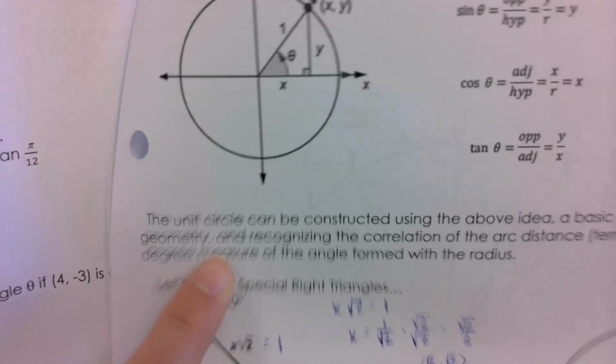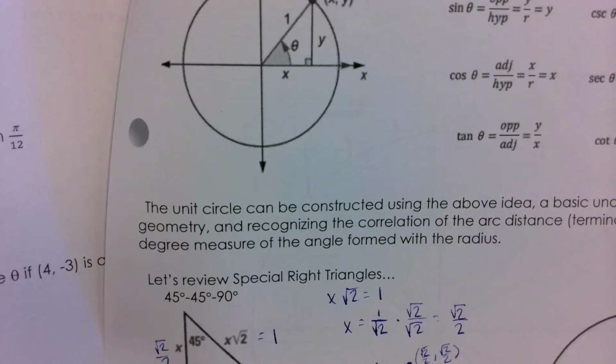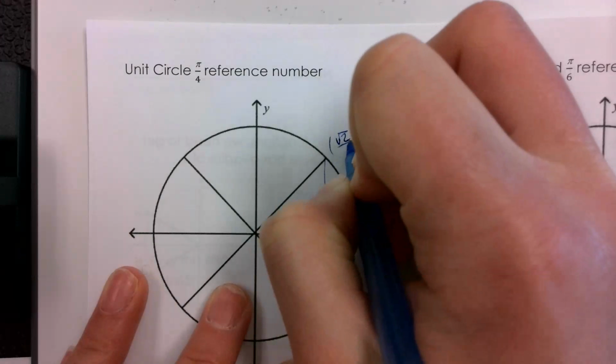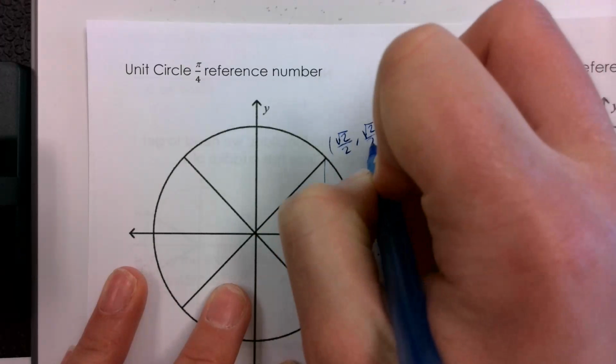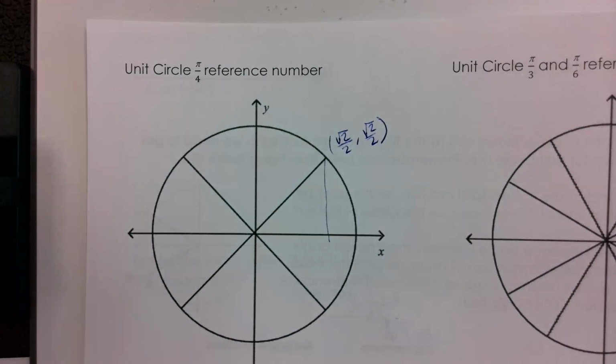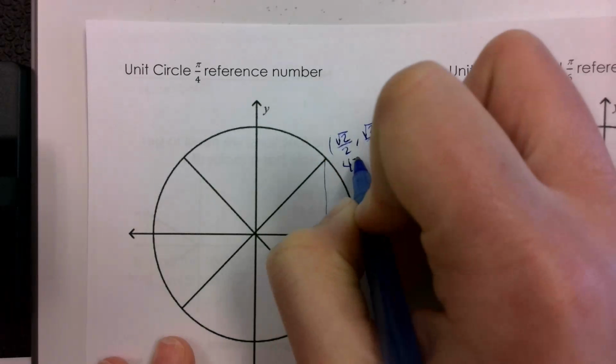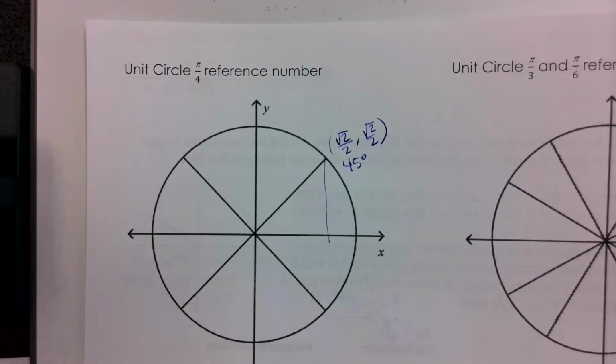Square root 2 over 2 and square root 2 over 2. So that's what this point would be here. Square root 2 over 2, and then square root 2 over 2 again. And it's at 45 degrees, right? Because it's a 45-45-90 triangle. And what is 45 degrees in radians? Again, we did that in the bell ringer.